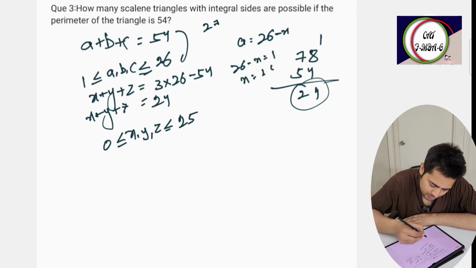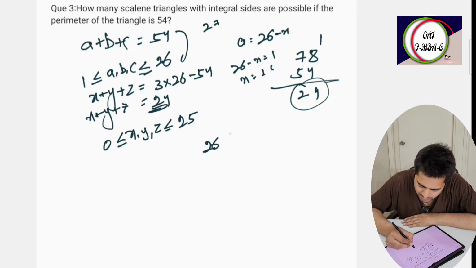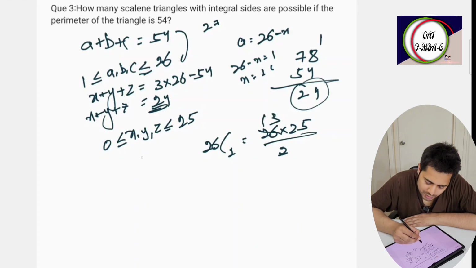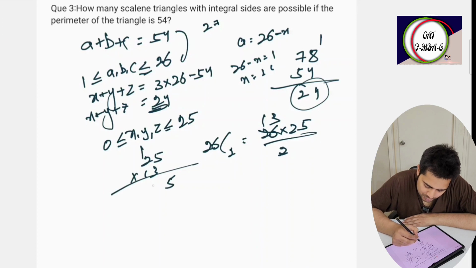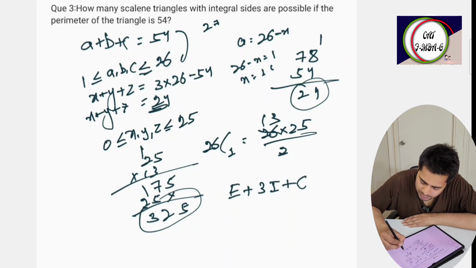Now n is 24, so 24 plus 2 is 26 C 2, which is 26 into 25 divided by 2, so 13 into 25, which is 325. So E plus 3I plus 6S is equal to 325.